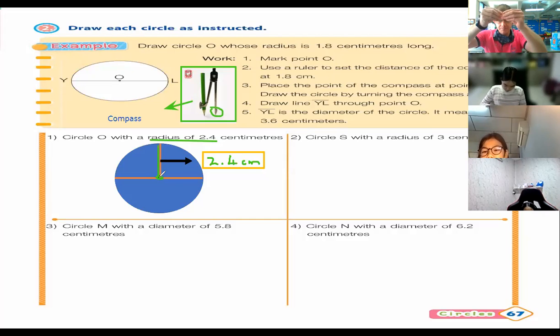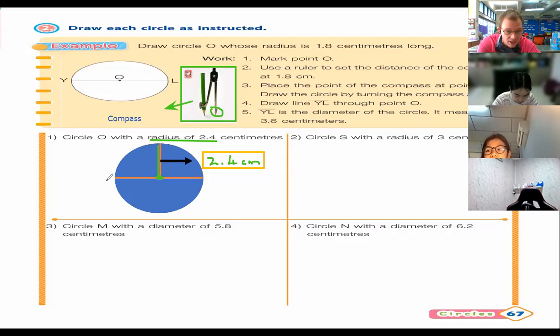So we open it up to 2.4 centimeters, put the sharp point in the middle, and when you press it down, you turn it slowly to draw the circle. That circle will have a radius of 2.4 because we set the compass like that.